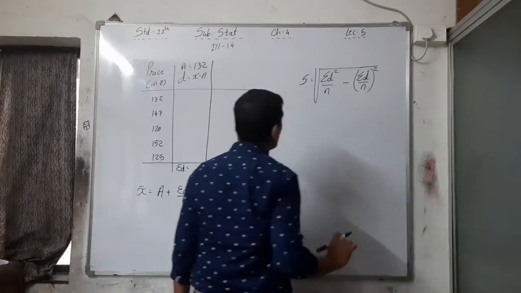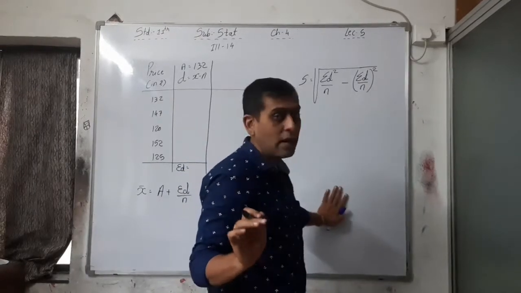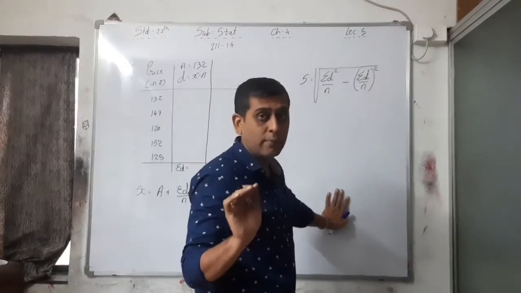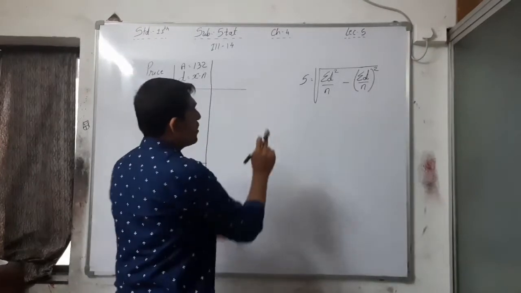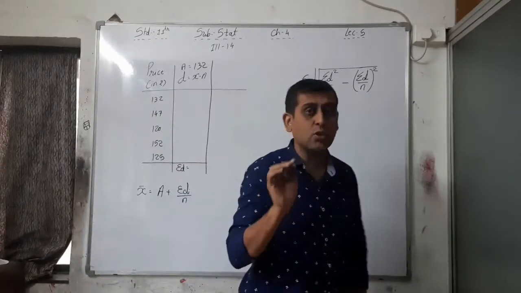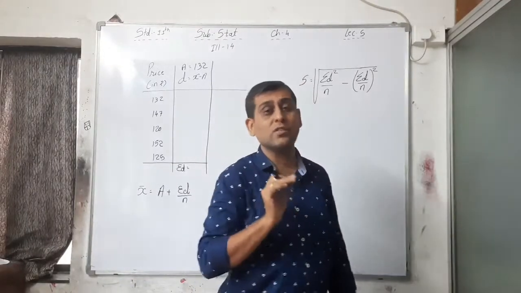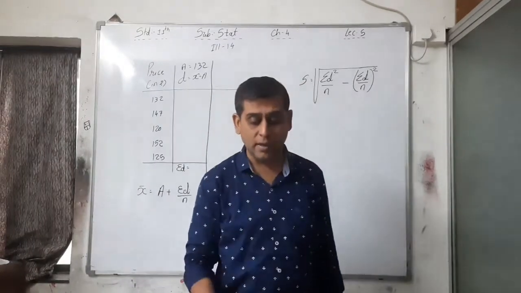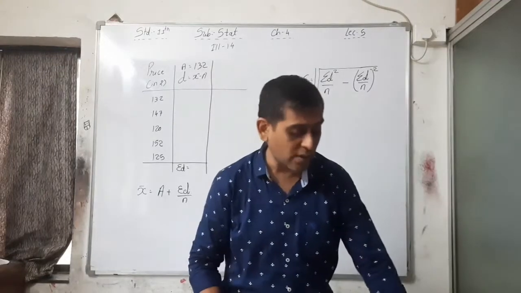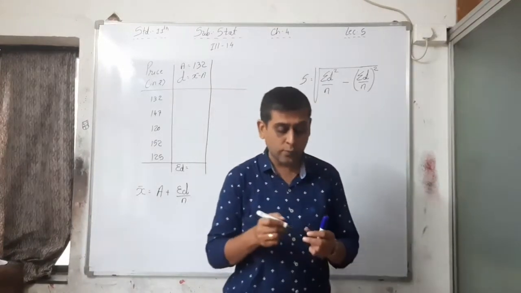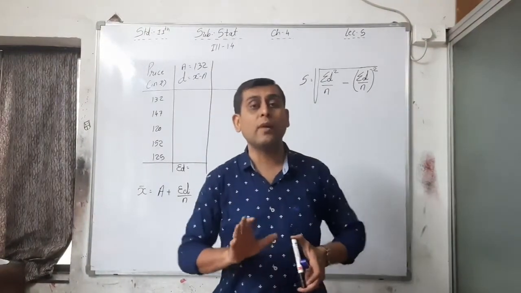You have to do this by yourself, compulsory, please. I am just writing the formula. This is also your work, but I am doing it here because this is your first lecture after the formula. In the next lecture I will not write the formula, so please remember all the formulas.